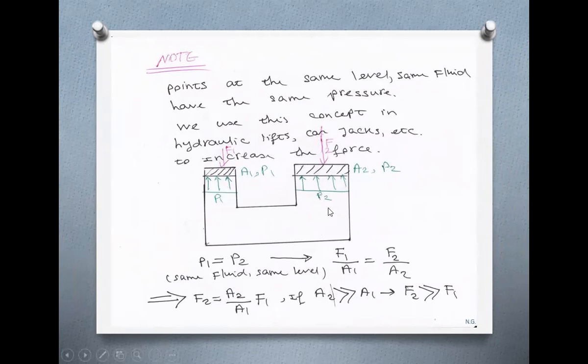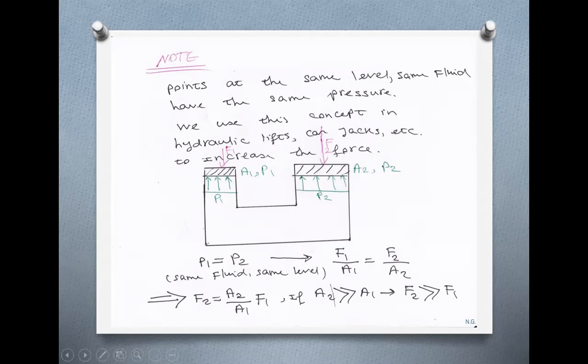There is a fluid in there and it's a piston cylinder on both sides. The area of the piston at the left side, which we name A1, and A2 on the other side, right? We know that these two surfaces, I'm talking about the bottom surface of the pistons, are at the same level.